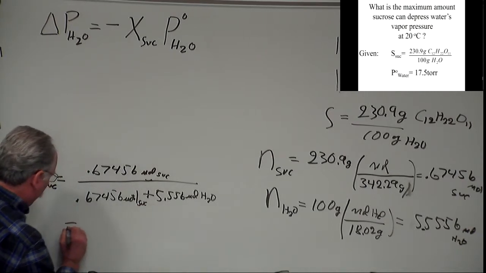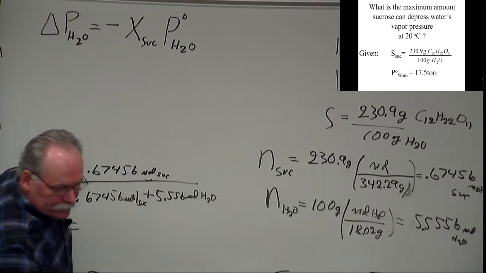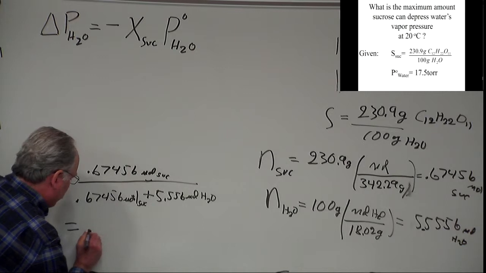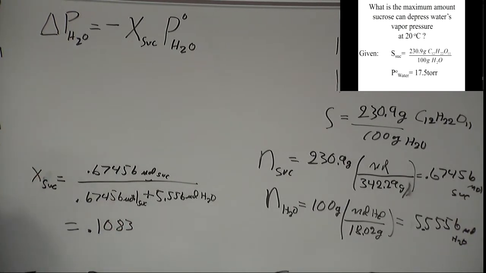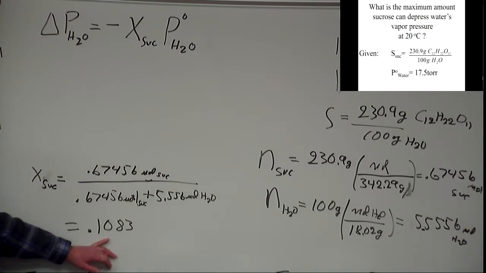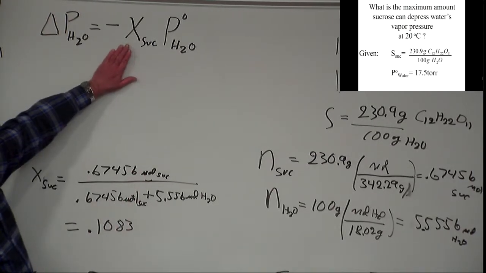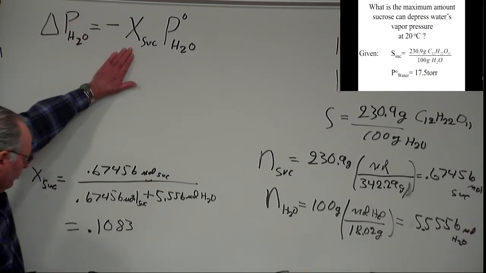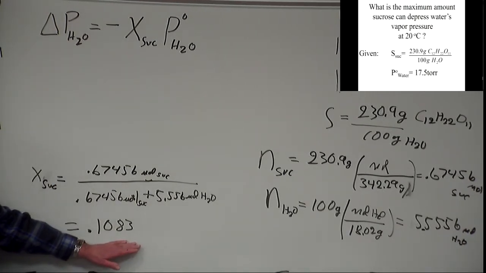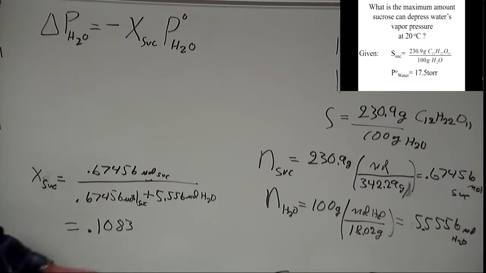And the mole fraction of that is 0.1083. Okay, so what this is saying is that we can't have a large mole fraction of sucrose in the solution because at 0.1083 it becomes saturated.